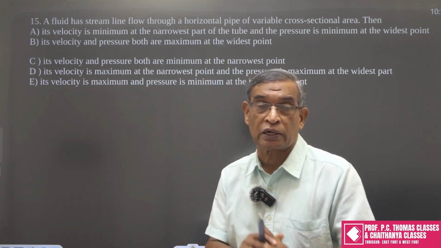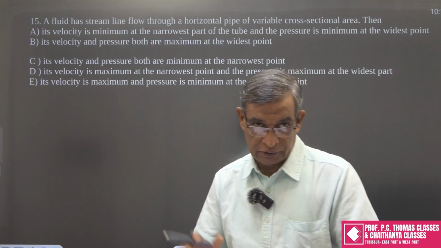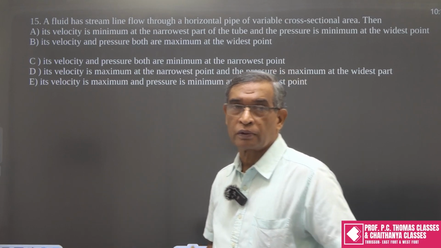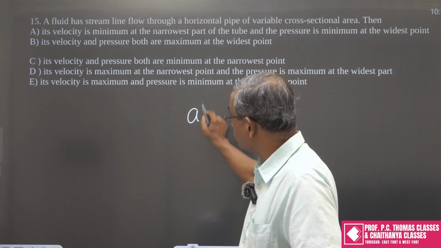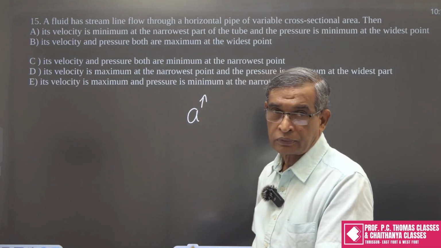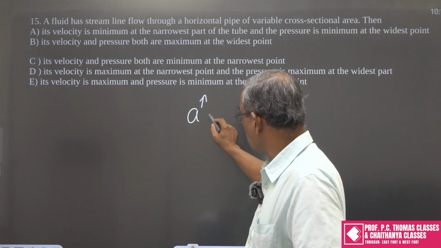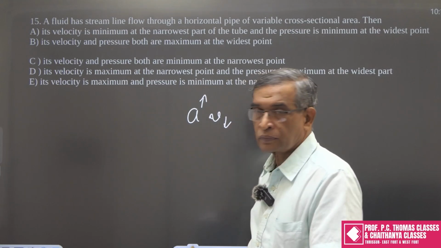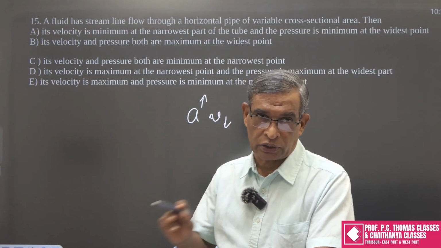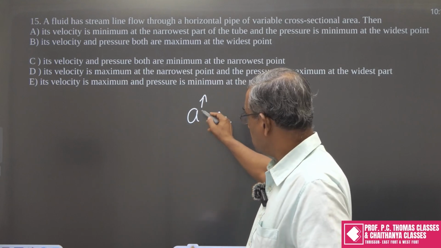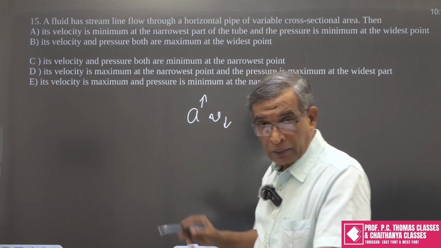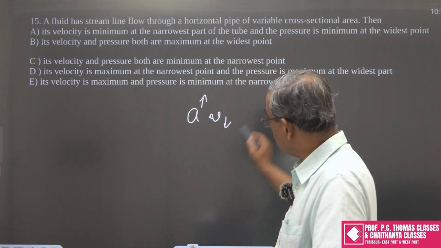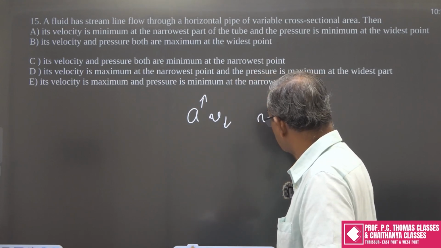Couple the equation of continuity with Bernoulli's principle. From the equation of continuity, wherever the area of cross-section is large, the velocity is small. AV is a constant, that is the equation of continuity. By Bernoulli's principle, wherever the velocity is small, the pressure is large.